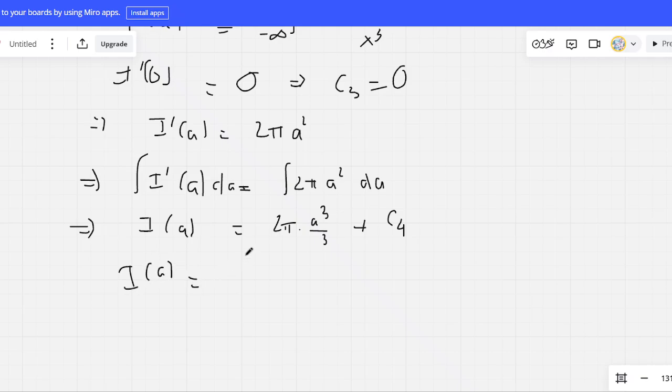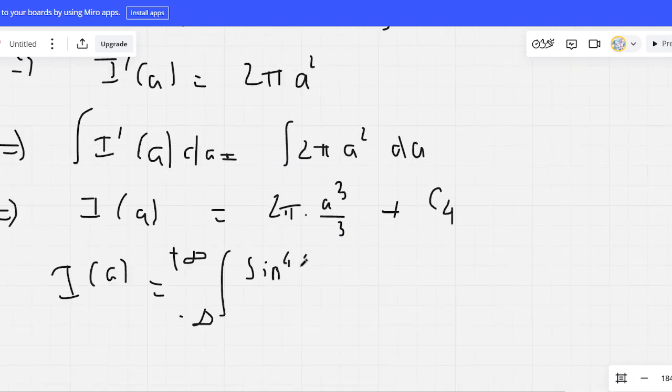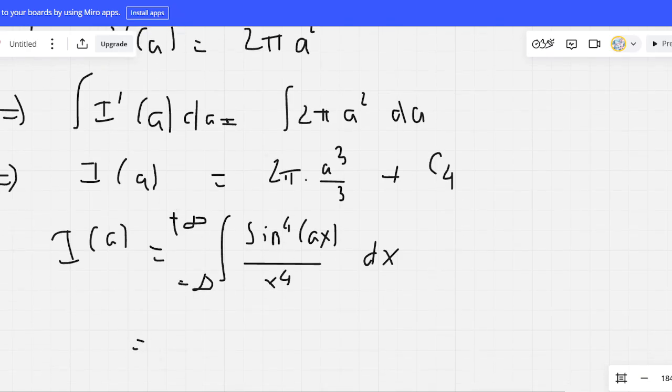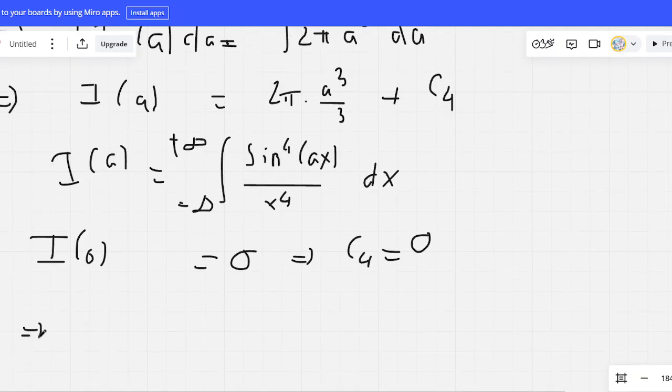I sub a is just the integral from minus infinity to positive infinity of sine to the power of 4 of a x divided by x to the power of 4 dx. And if we substitute in a equals 0 into this integral, we get 0, which means that the fourth constant is also 0, which means that we get I sub a equals 2 pi over 3 times a cubed.